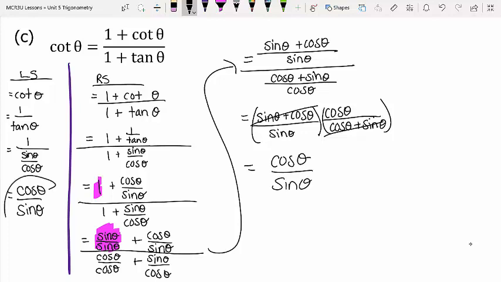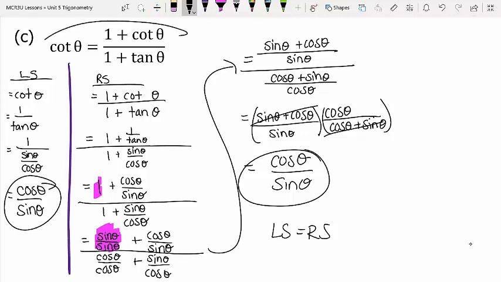Okay, so the left side is now equal to the right side. So we used our identities from our bank and the idea of gaining a common denominator by creatively multiplying by 1 in order to prove that this was in fact true.